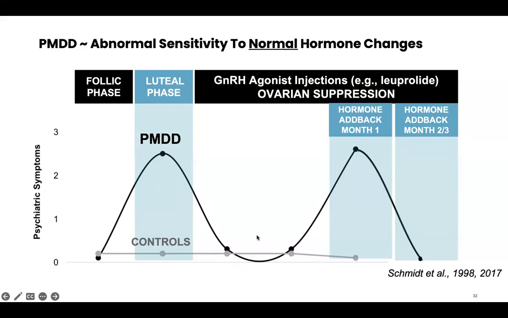When they first gave that add back, the symptoms surged up, but when they kept that add back level stable over months 2 and 3, the symptoms remitted again. Meanwhile, nothing's going on with the controls. This suggests that people with PMDD are having an abnormal response to normal changes rather than being sensitive to hormones at a particular level. Because when the level was kept constant, the emotional symptoms still remitted in months 2 and 3. It's the fact that there weren't changes in the levels anymore that protected people.